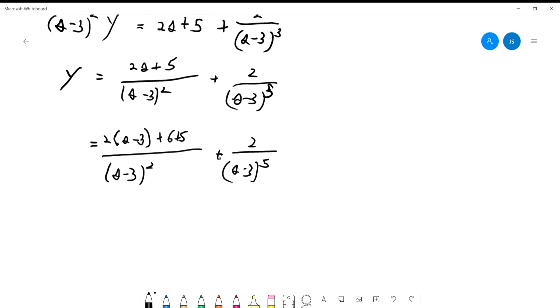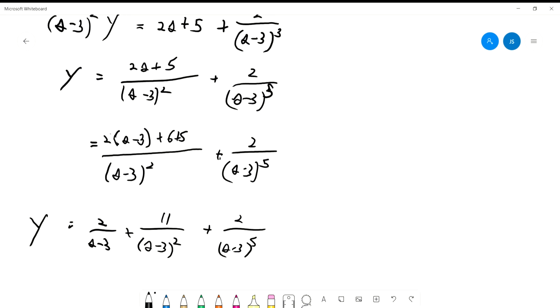That trick pretty much keeps us from having to do partial fractions. And now we break that up into 2 fractions, so that's 2 over (s minus 3) plus 11 over (s minus 3) squared, and still plus 2 over (s minus 3) to the fifth.